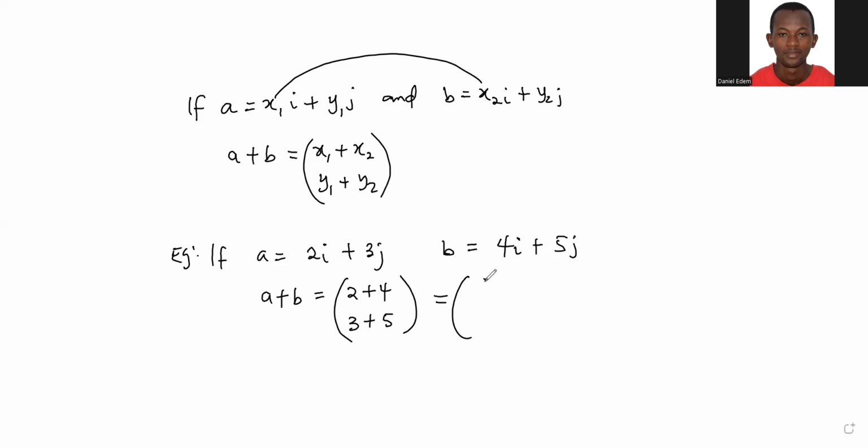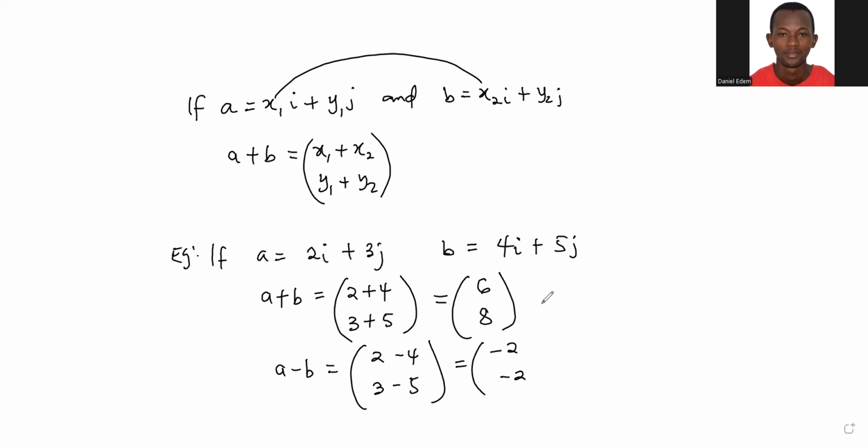So 2 plus 4 is 6, and 3 plus 5 is 8. If it is subtraction, it's going to be 2 minus 4 and 3 minus 5, which eventually will give you -2, -2. Don't forget this can be written as 6i plus 8j, and this also can be written as -2i minus 2j. So basically that's how we add and subtract vectors.